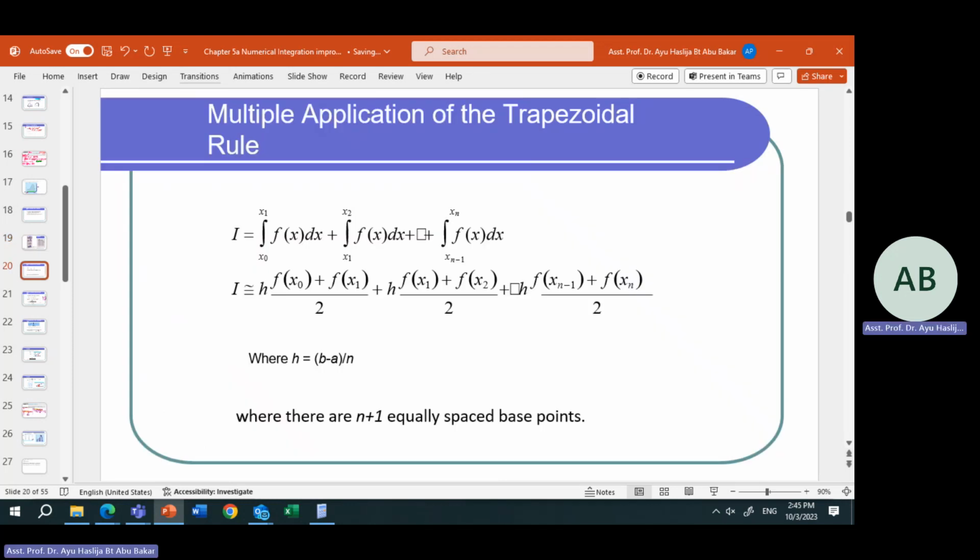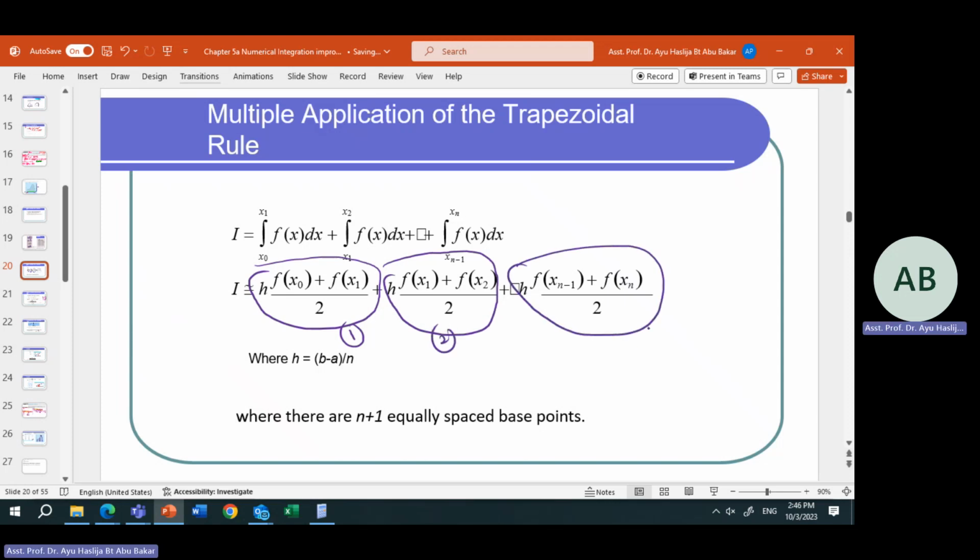Now this is the equation to find using multiple application. This to calculate area 1, each area, to calculate each area. So this one up to calculate area n. So we mix up all together, sum up the area.